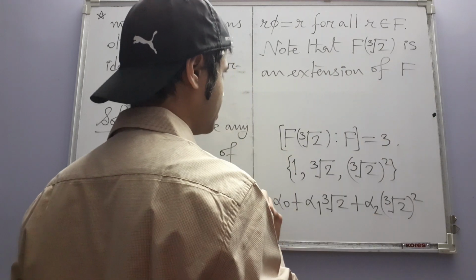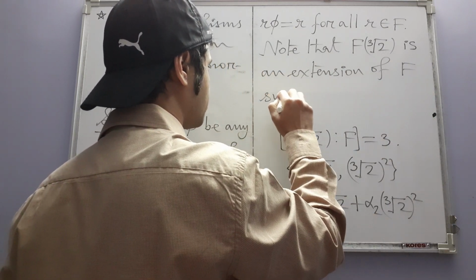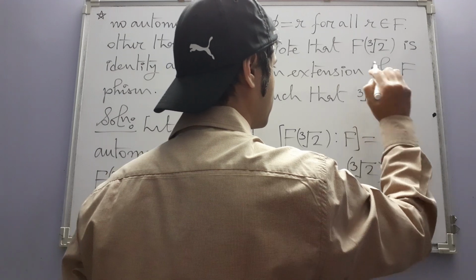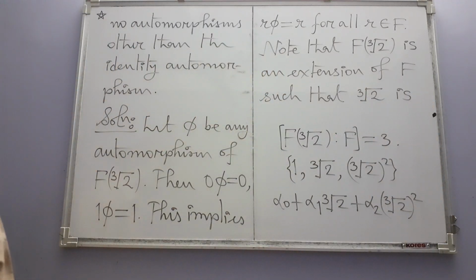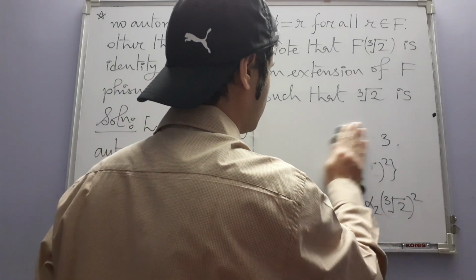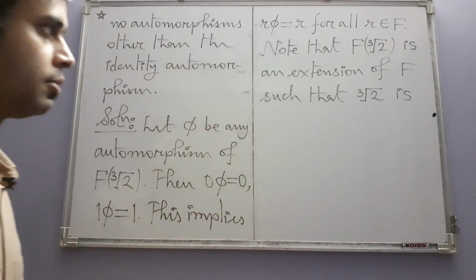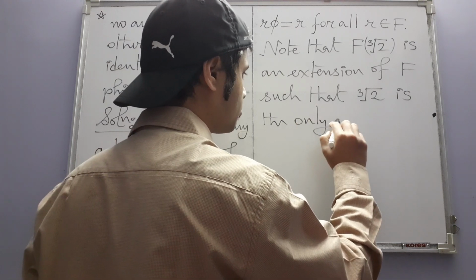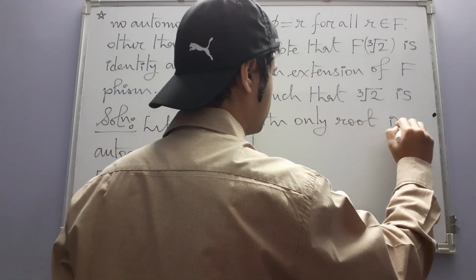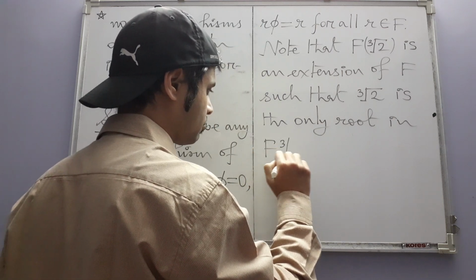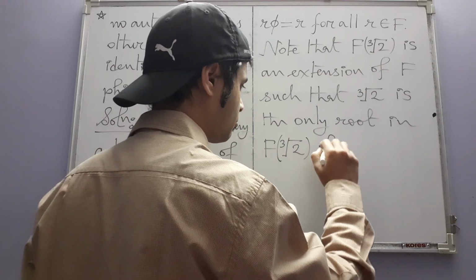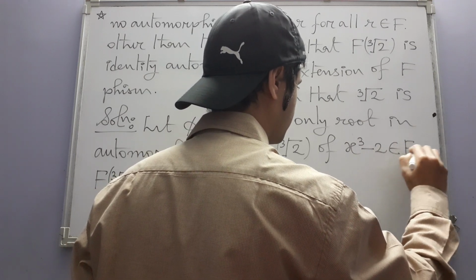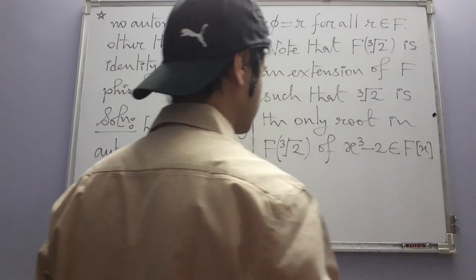Note that this is an extension of f such that the cube root of 2 is the only root in it of the polynomial x cubed minus 2 coming from the polynomial ring f[x].